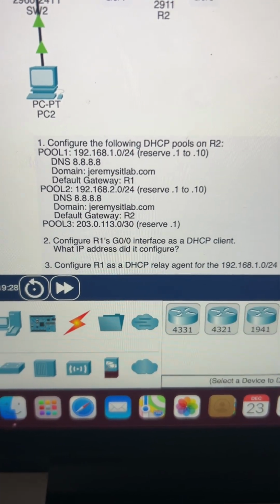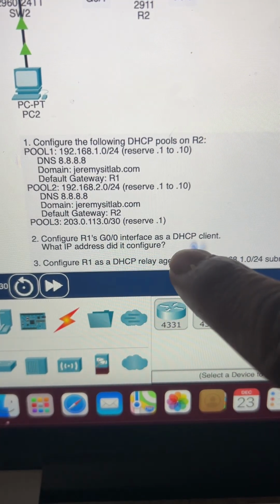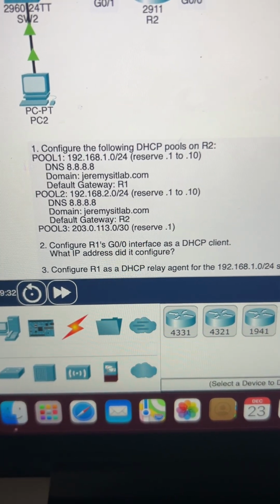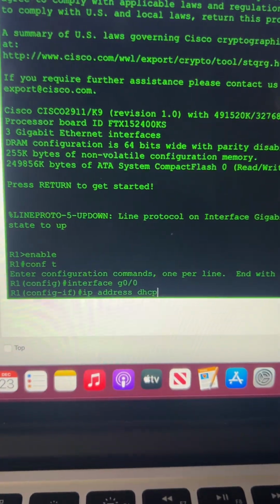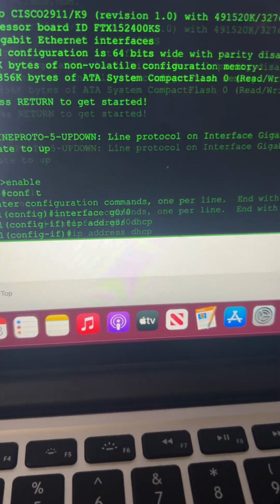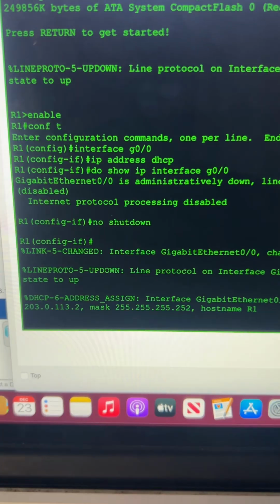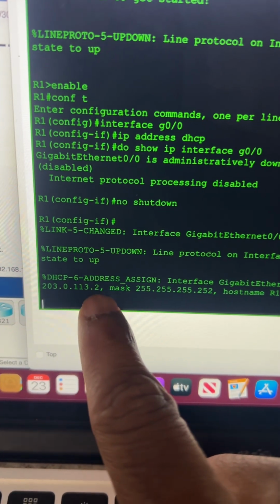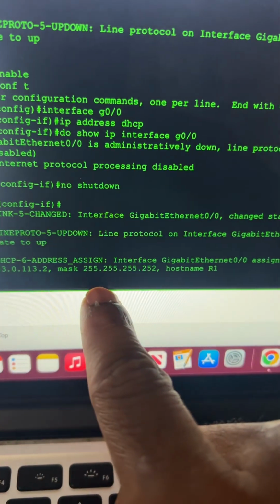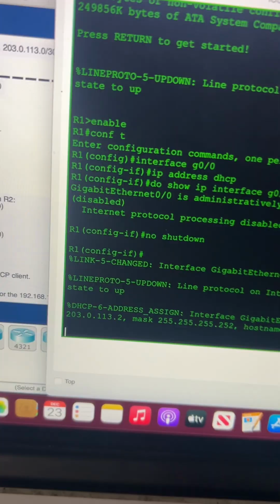Now we are right here. We are going to configure R1's G0/0 interface as a DHCP client. All right, this is the command we need to configure this interface as a DHCP client. All right, I just did a no shutdown command, and we are assigned an IP address 203.0.113.2 with this subnet mask, host name R1.